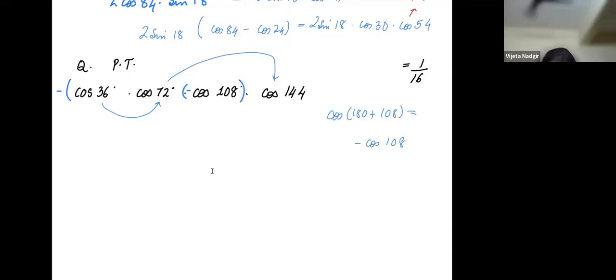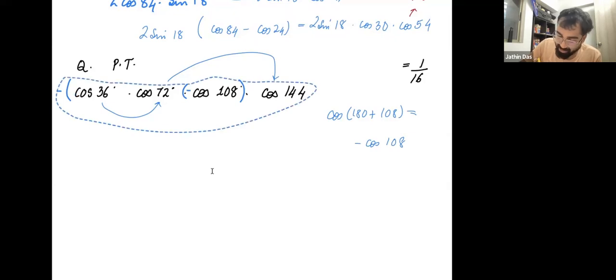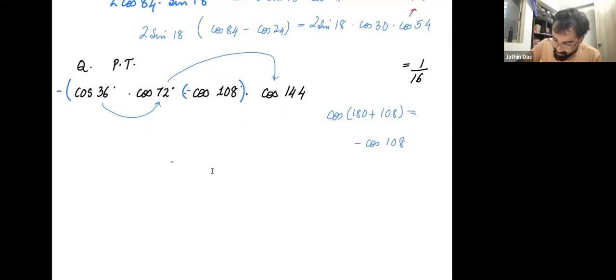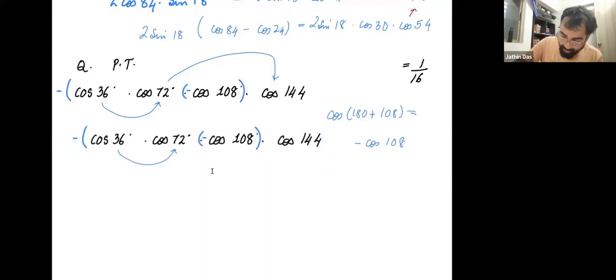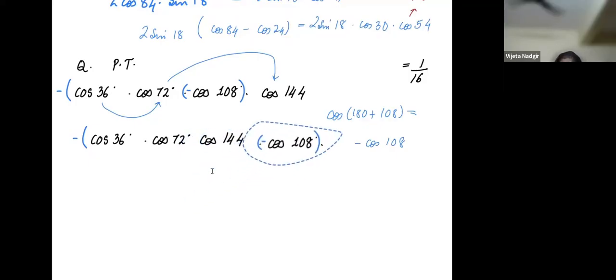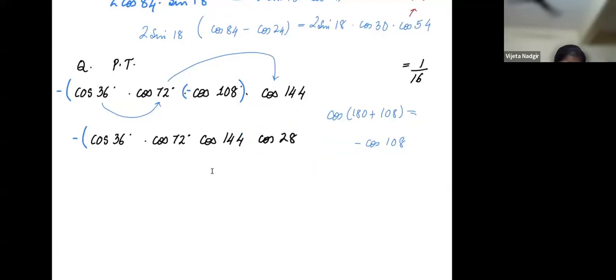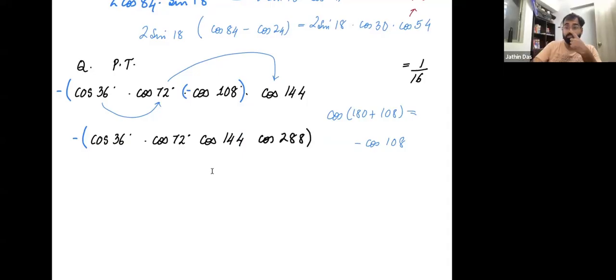Okay. Now listen to what I'm doing. So very good, you're getting the hang of it. See, it's very easy. Really, I'm telling you, this will be easy for you. Now I'm just arranging it like this, and minus cos 108, or I'll write it as cos 288. Done. Now the cosine series is complete.